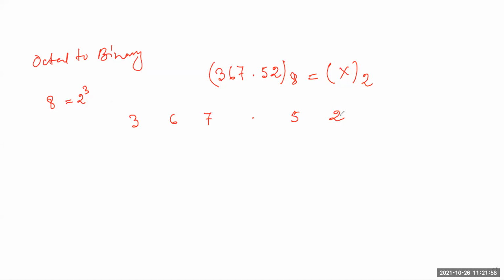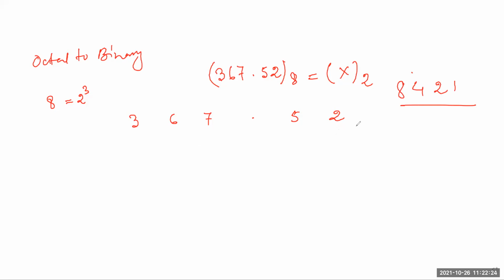Suppose I am writing from right to left. Here in octal it is 2, but in binary what is the equivalent value? You know a binary number uses only 0 and 1.